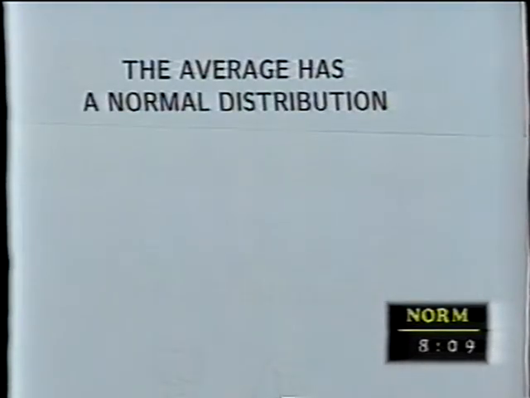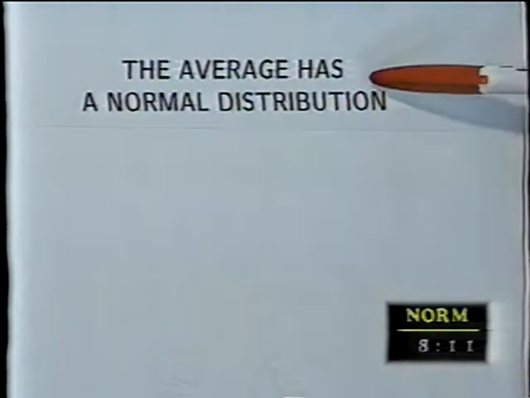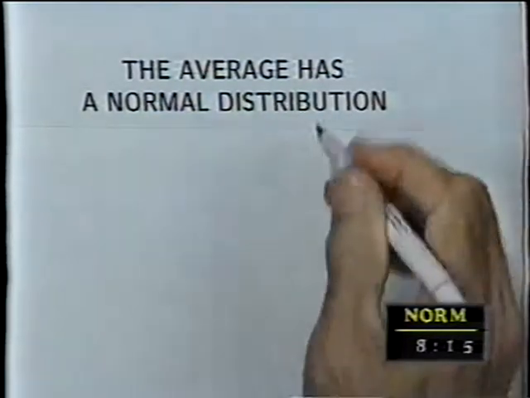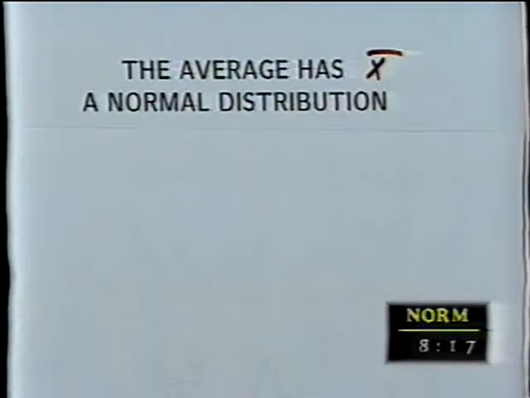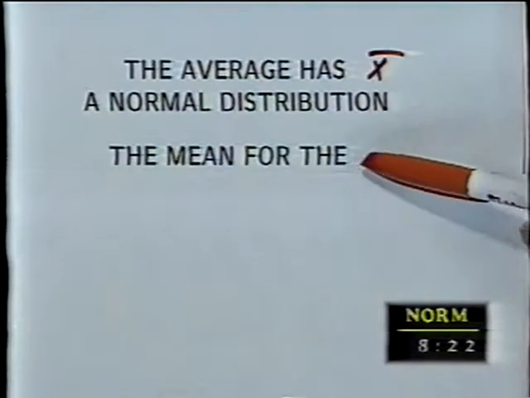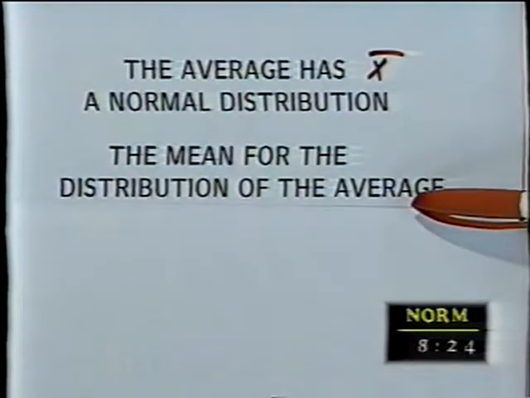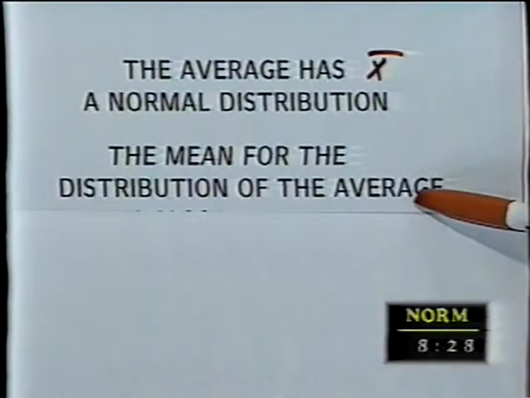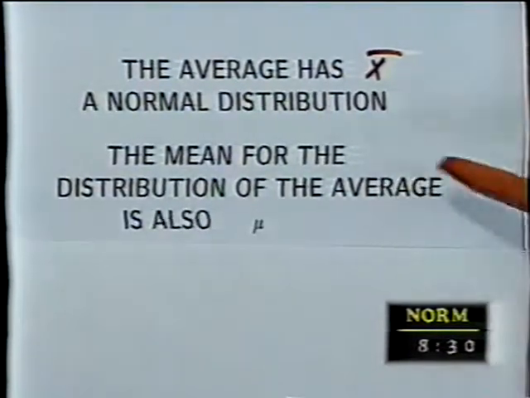Now what we learned in the central limit theorem discussion was that averages have a normal distribution. Averages, that is, x bars, have a normal distribution. The mean of the distribution of the average is also mu.